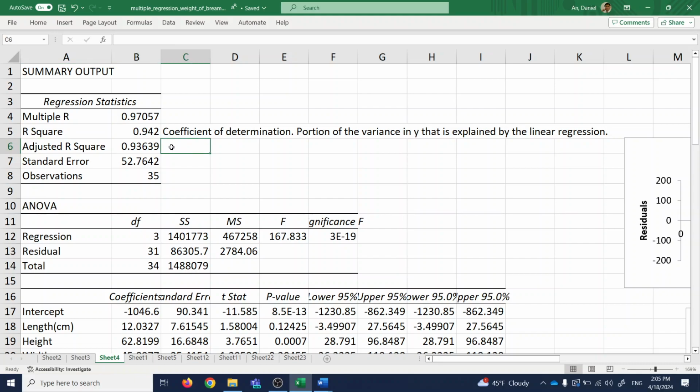Now, under that, there's something called adjusted R squared. And this is another quantity. Usually these two numbers are very close, okay? R squared is close to 0.94. This is also close to 0.94, right? But what it does is that if you throw in more predictor variables, so let's say you add a new column in the bream fish data where they measure the length of one of the fins.